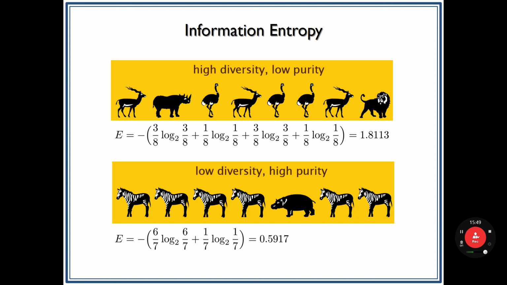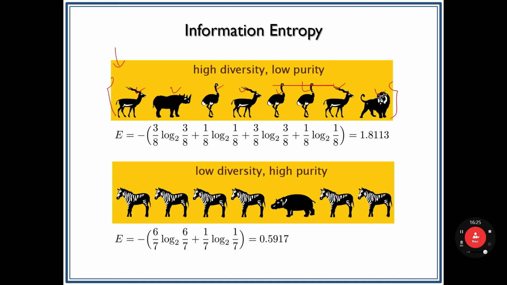And the information entropy can be easily explained by this example. I got this example from the internet. Let's take a look at the first example here. There are 1, 2, 3, 4, 5, 6, 7, 8 animals. In this set of animals, let us say that this is deer. There are 3 deers, and one rhino, and 3 ostriches, and one lion.